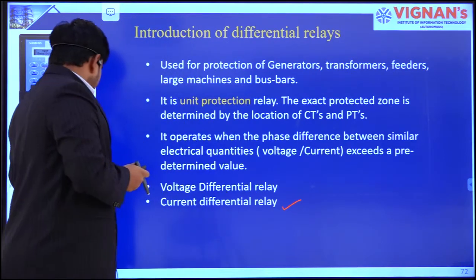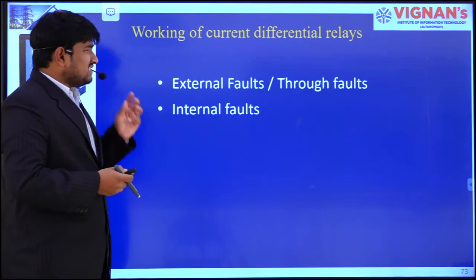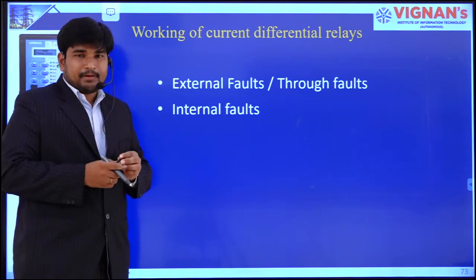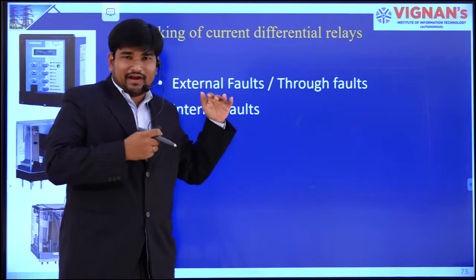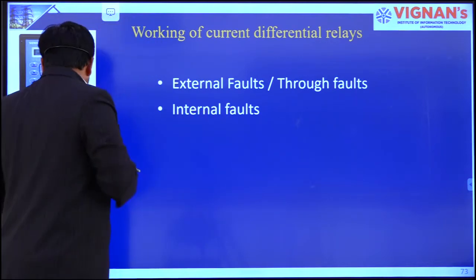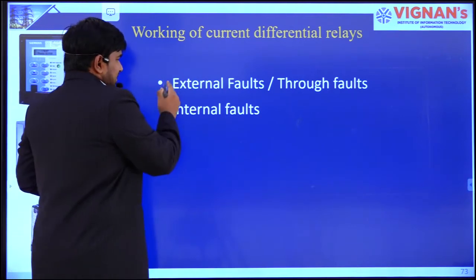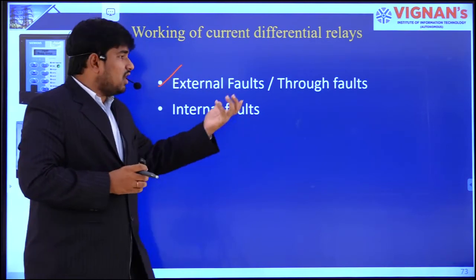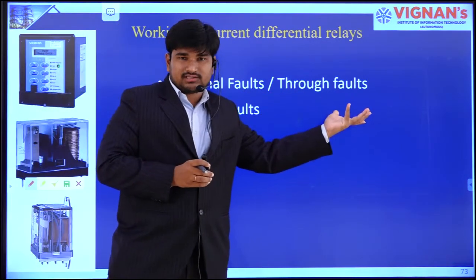Right. Now, let us see the working of current differential relays. In this case, I will find out the working during external fault conditions, which are also called through faults.